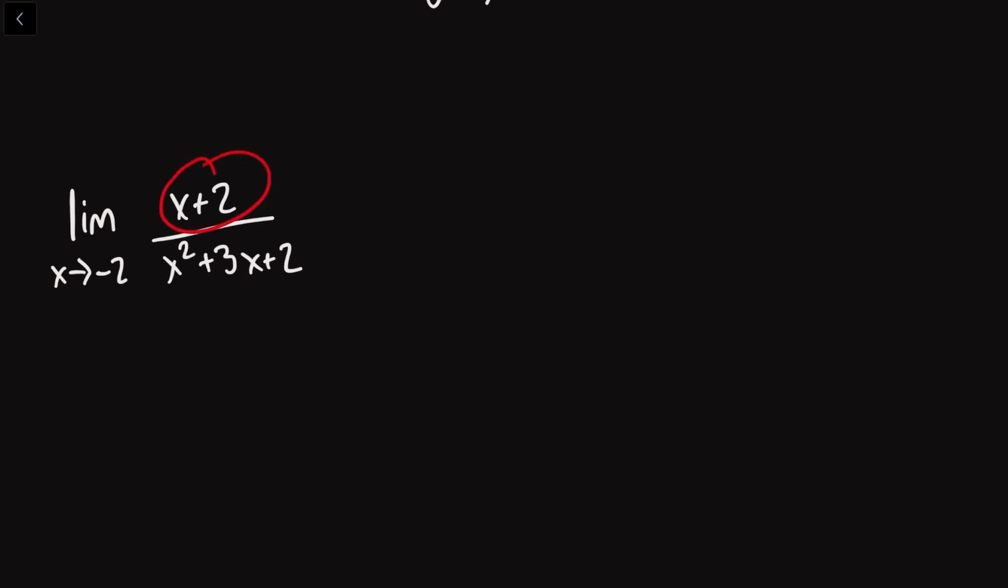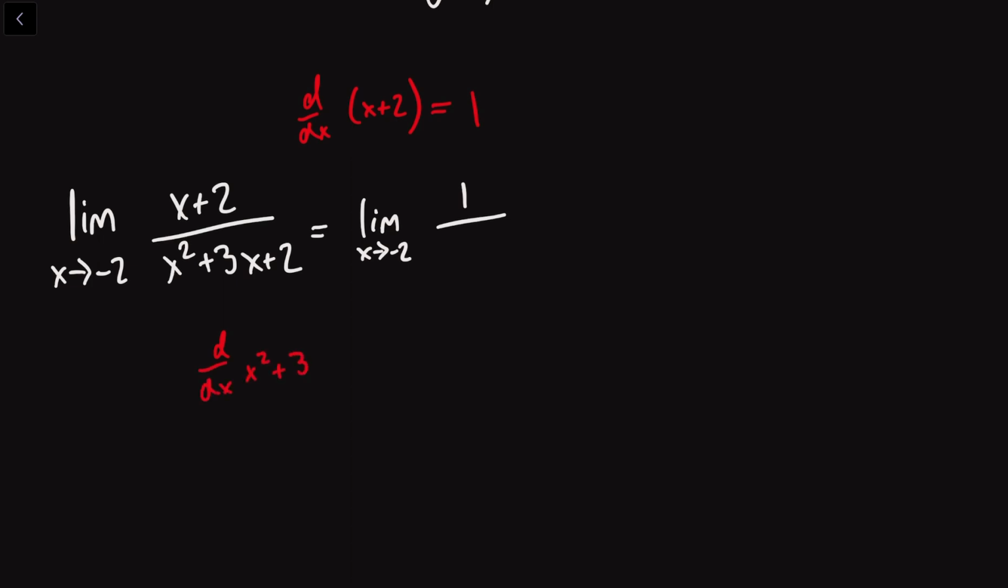The derivative of x plus 2 is just 1. So the derivative of the numerator is 1 over the derivative of the denominator, which is x squared plus 3x plus 2. So that equals 2x plus 3.